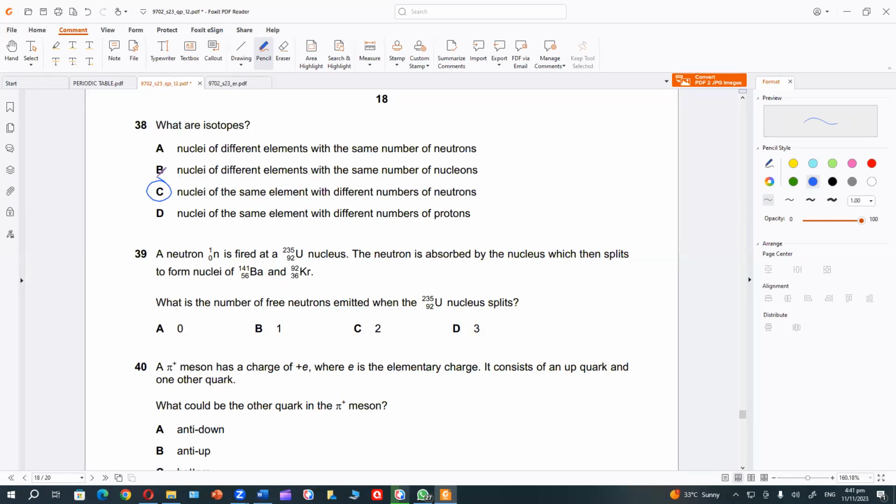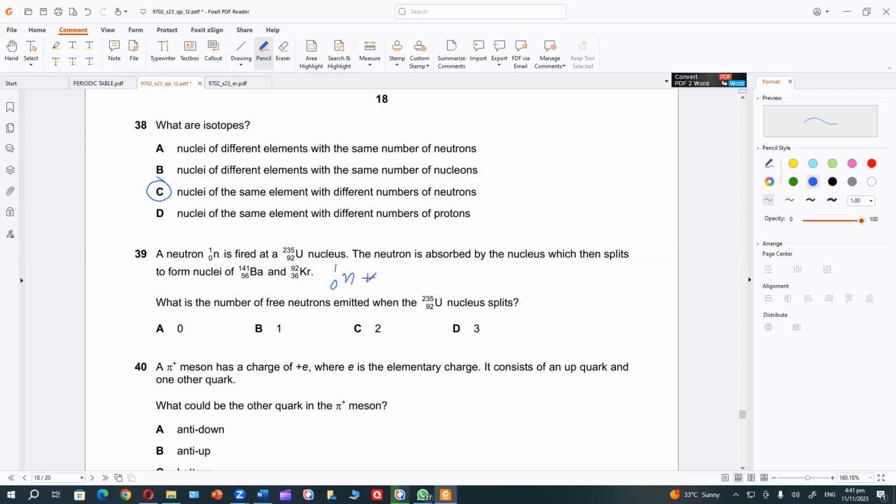Neutron n-1-0 is fired at this. The neutron is absorbed by the nucleus, which then splits to form nucleus of this and this. What is the number of free neutrons emitted when U-235-92 nucleus splits? So we can just imagine the equation, and it's a game of balancing.